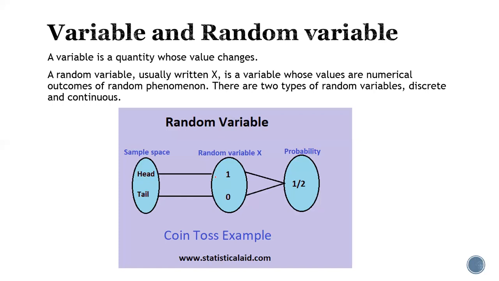It means the random variable is 1 or 0, 1 or not 1, not 1 is 0. And when you toss a coin and the outcome is tail, for example, the probability is a half, one side of two sides of the coin. All right, so that's the understanding regarding variables and random variables.